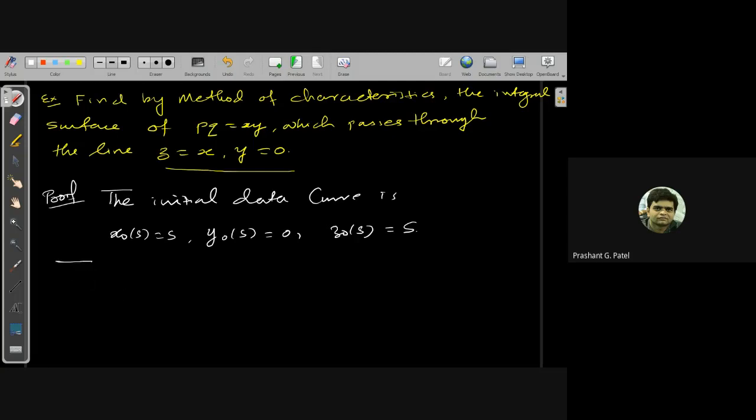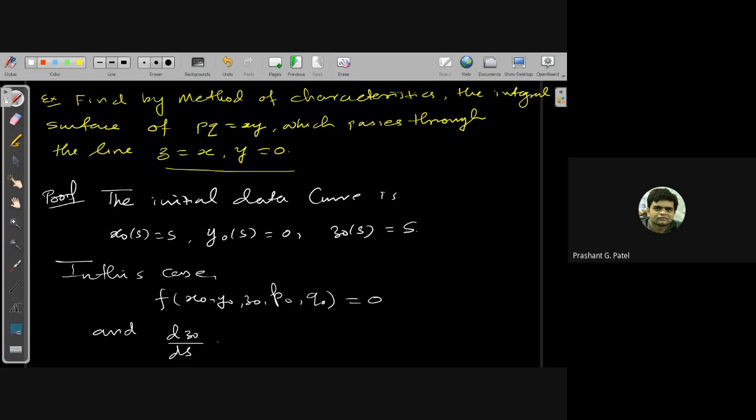In this case, we should check that f of x0, y0, z0, p0, q0 is equal to 0, and dz0 by ds is equal to p0 dx0 by ds plus q0 dy0 by ds. These are the two equations that we need to see whether they are verified or not.